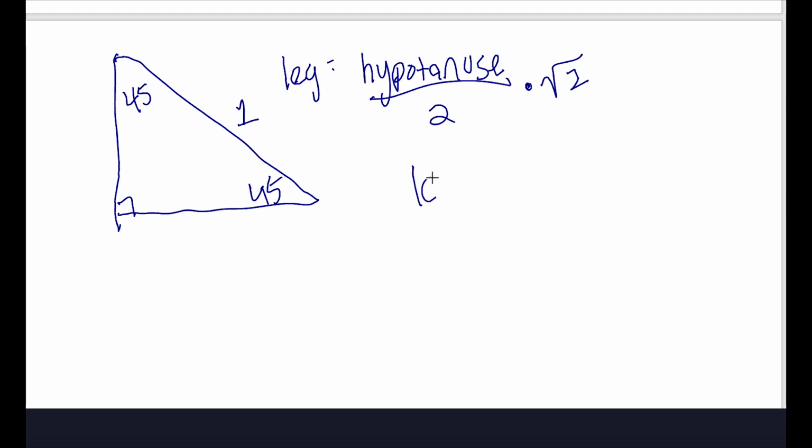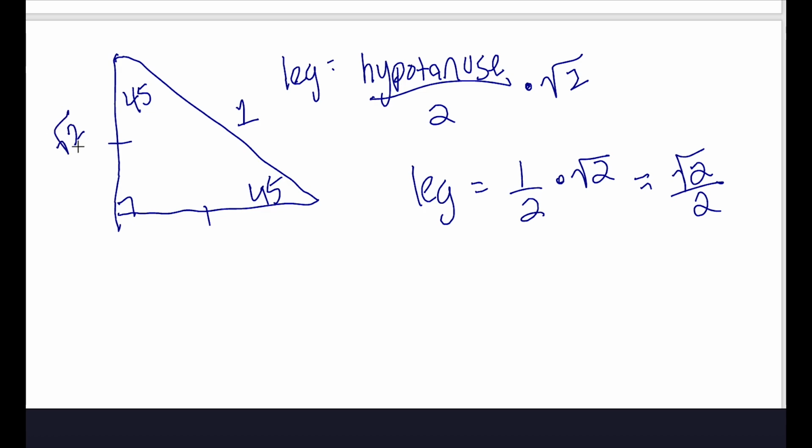In this case, the leg equals 1 over 2 times the square root of 2, and that simplifies to radical 2 over 2. So this is going to be important when we get into the unit circle, so just make a note of this.